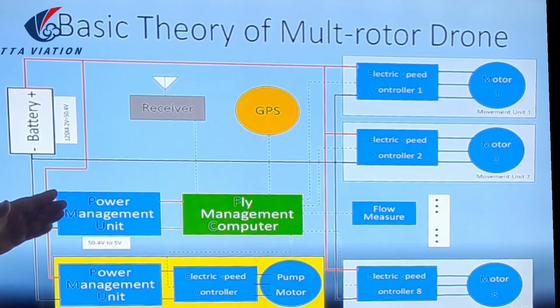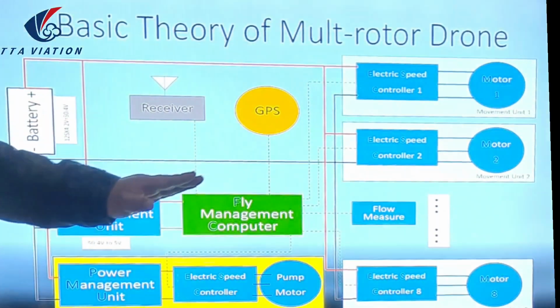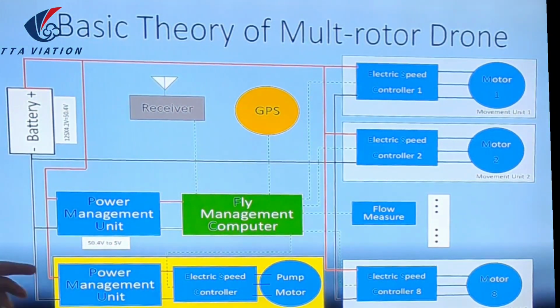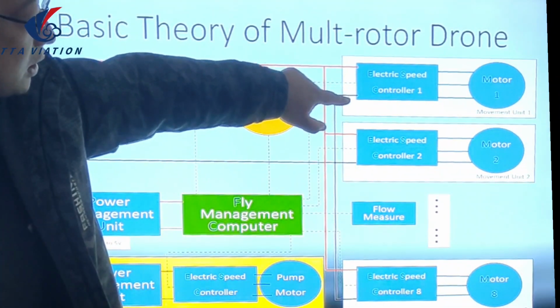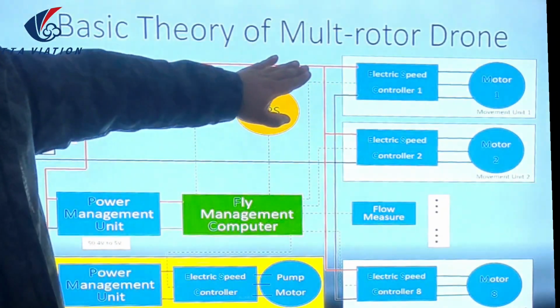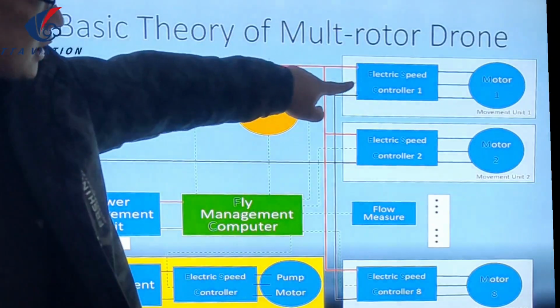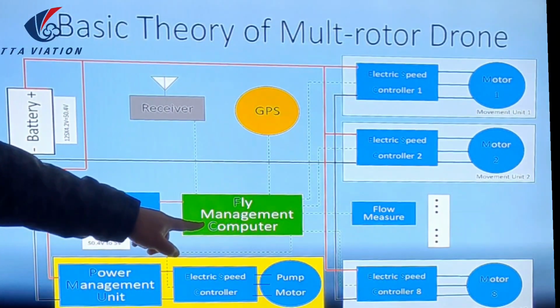In that kind of system, the last unit will only reach 4 or reach 6, depending on the drone's model. Okay, this is the movement unit, and the motor's spin speed is controlled by the flight management computer.